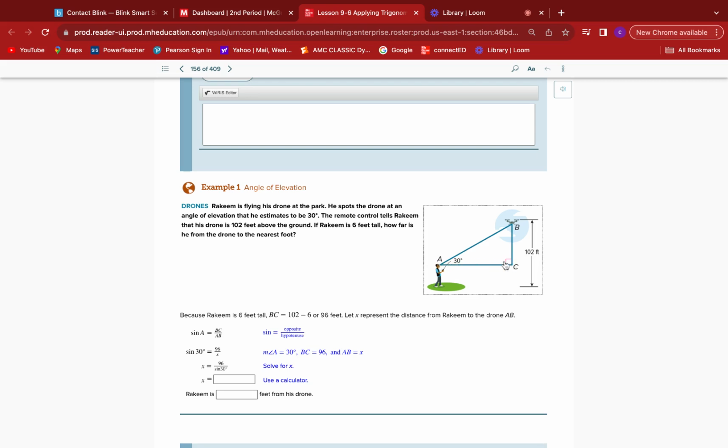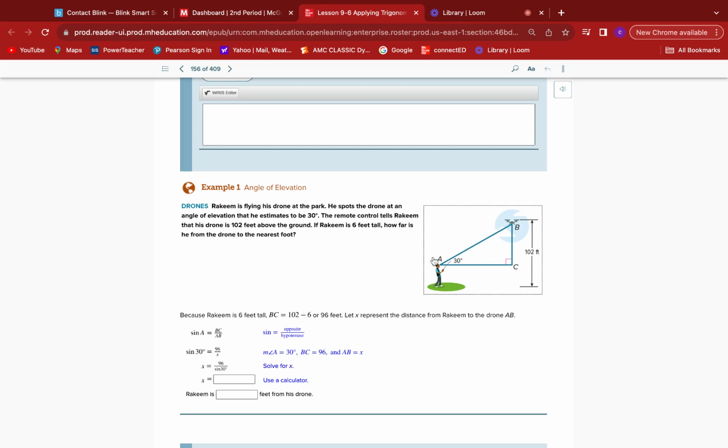Let me reread that again. Oh no, they want the distance from A to B. I read that wrong. My apologies. They want where his head is to the drone itself. That's your hypotenuse of the triangle.